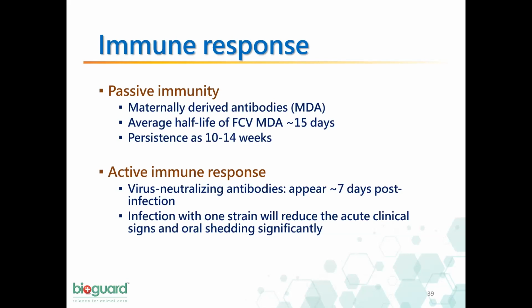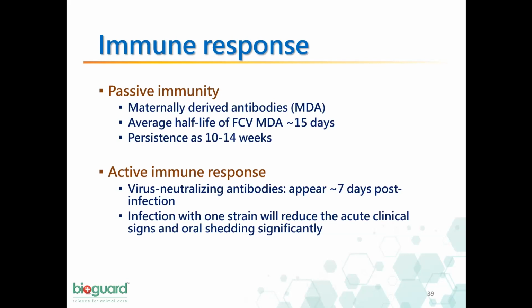However, in other situations, there will be an active immune response, which is because of the production of viral neutralizing antibodies. After the infection, around 7 days post infection, antibodies will start to appear in the blood. Infection with other strains will also reduce the acute clinical signs and oral shedding significantly.